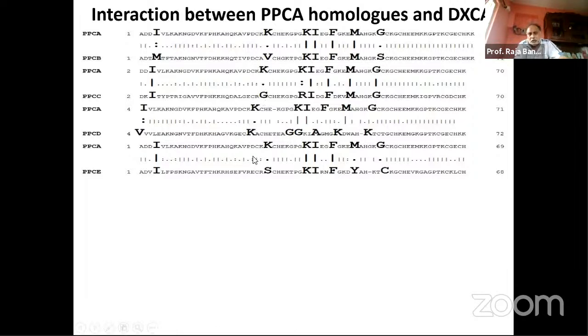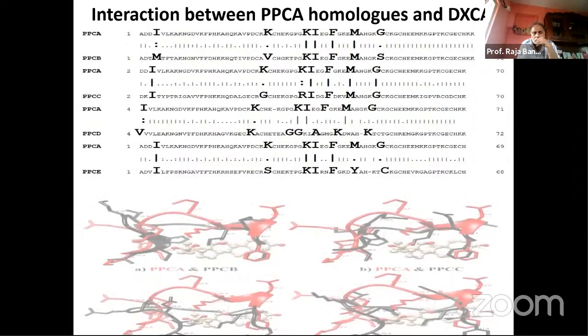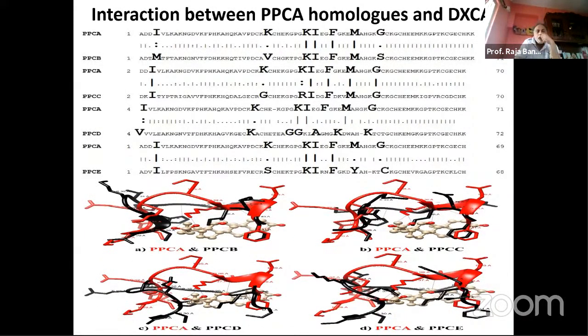PPCB. So if you just superpose these two PDB structures, if you compare this comparative structure of PPCA, which is in red, and PPCB, C, D, and E, which is in black, in all the cases you find that in PPCA, this highlighted region has helices, whereas in the other cases of B, C, D, and E, you find that they are almost random coil.